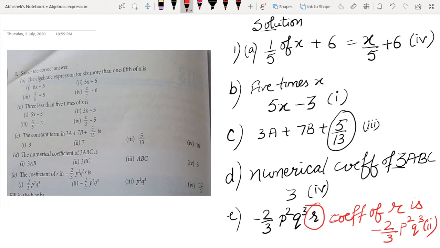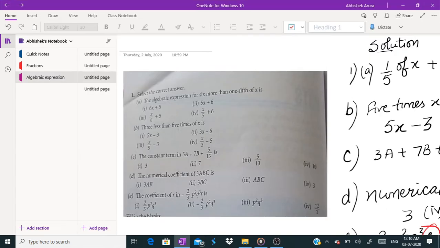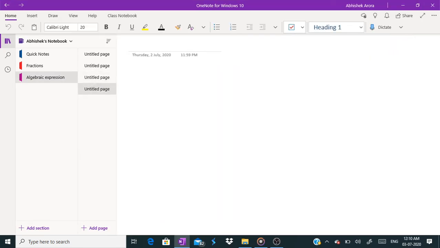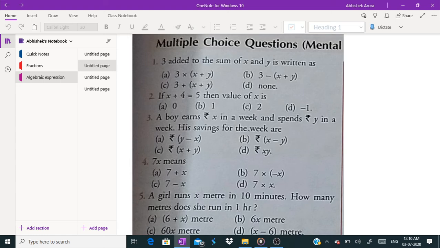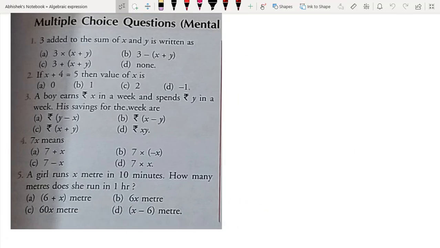So these are our MCQs. Now look at another MCQs. Here it is: 3 added to the sum of x and y. We want to add 3 to the sum of x and y.